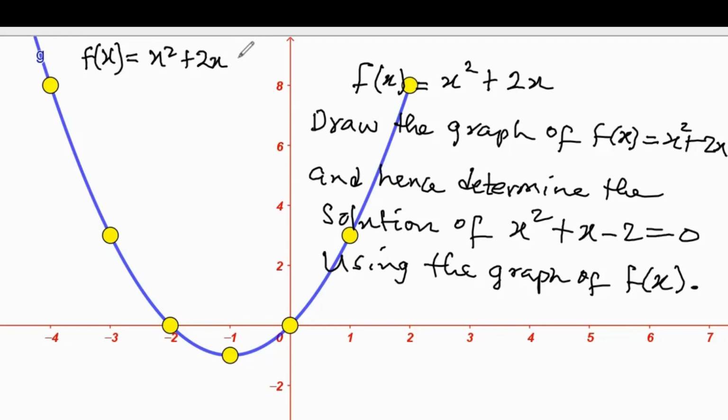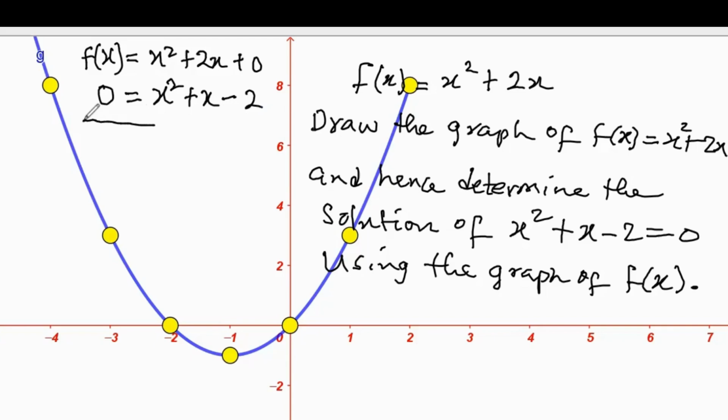There's no constant here, so we can assign 0 here. The second function, we can put 0 here, and then we have x squared plus x minus 2, okay?